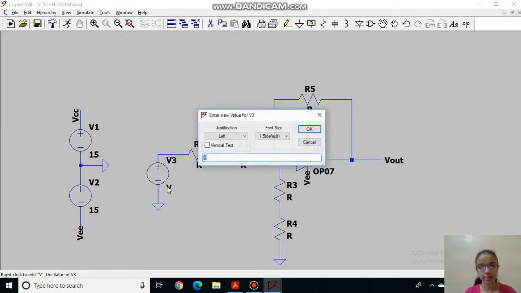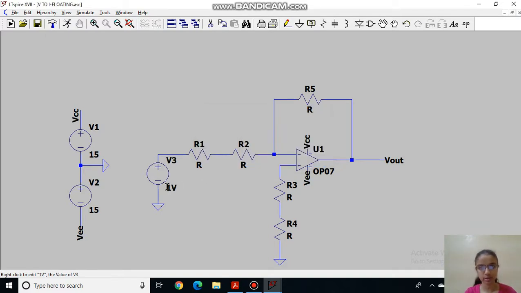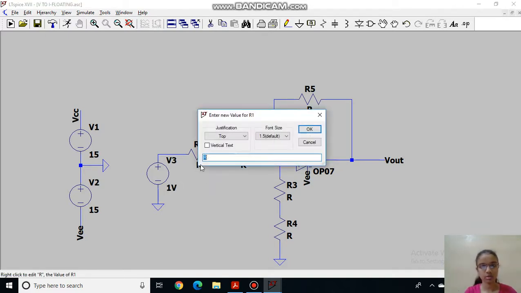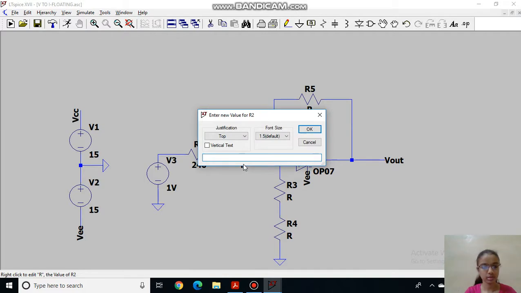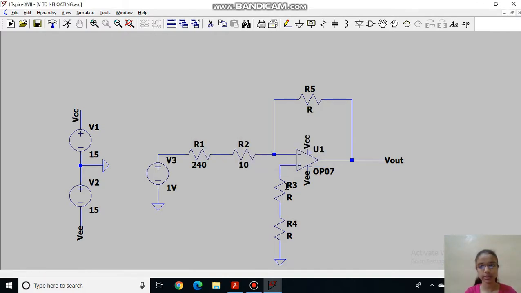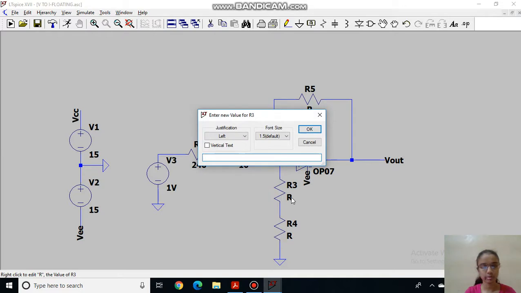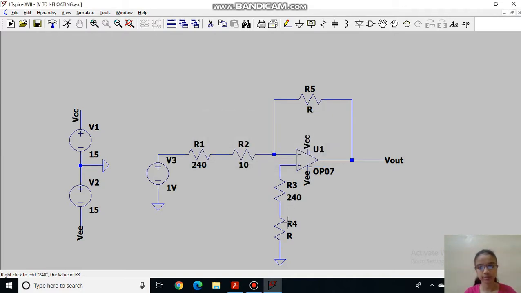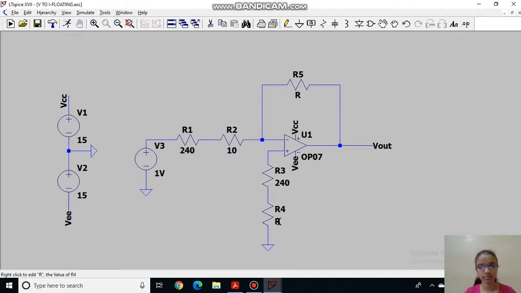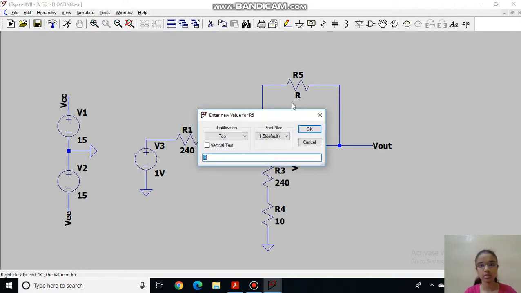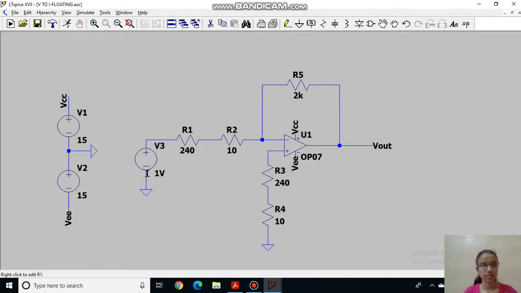This input voltage I am taking at 1 volt for now. 240 plus 10 in series, so we will get resistance of 250 ohms. 240, again 10, and my RL will be load resistor. I am taking it as 2 kilo ohms. So in this way my schematic is ready.